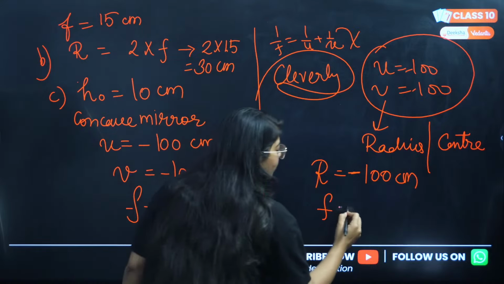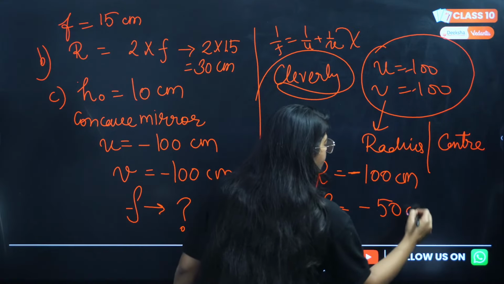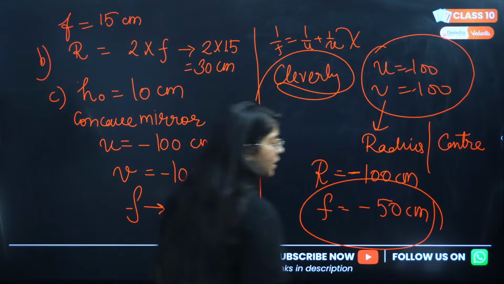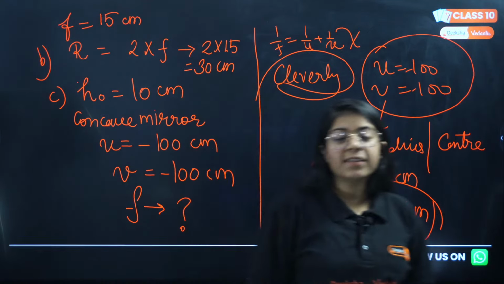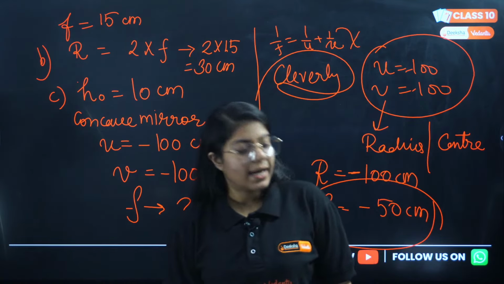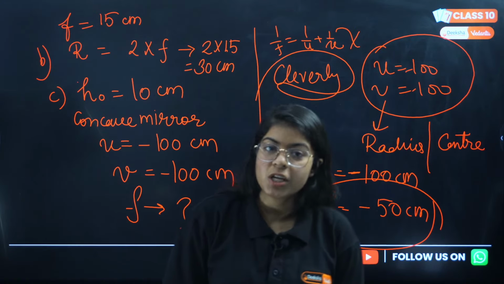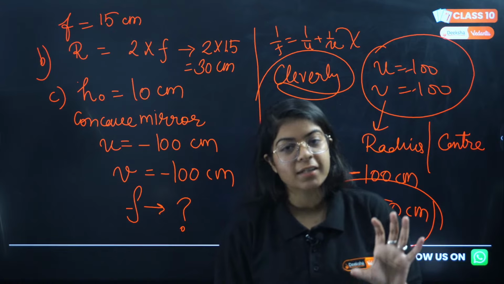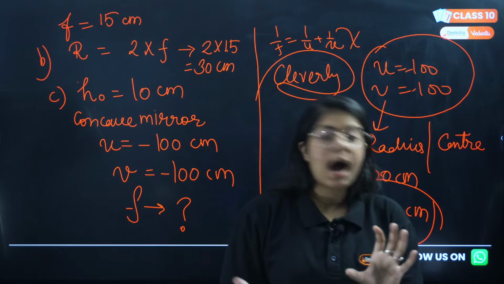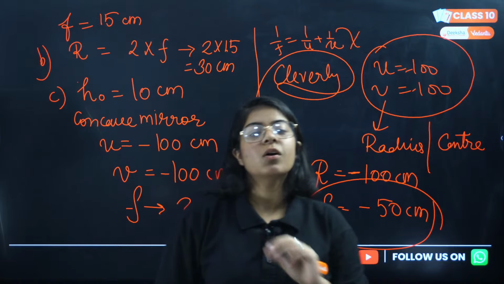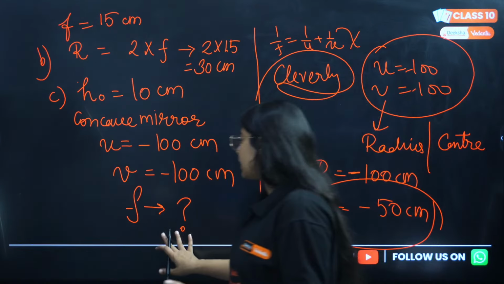So focal length will be what? It will be just half of R. That will be minus 50 centimeter. Correct? When the object and image distance is same, it is same at center of curvature. If my center of curvature is 100 centimeter, focal length will be half of center of curvature. So focal length will be 50 centimeter.